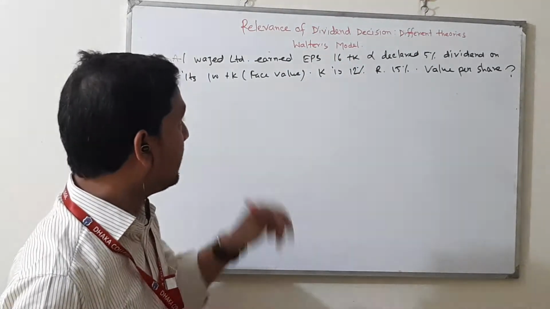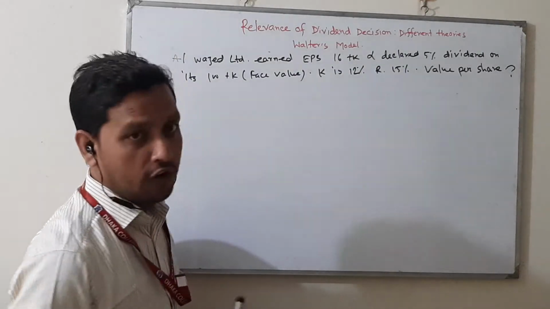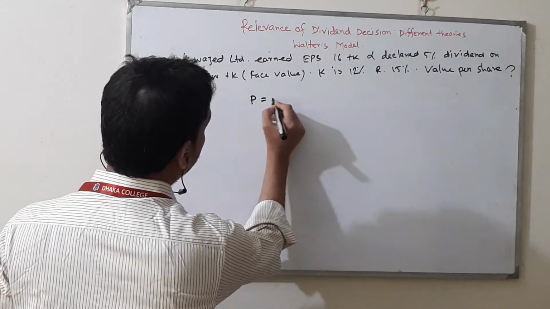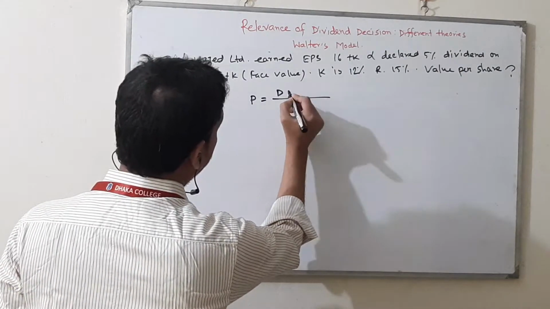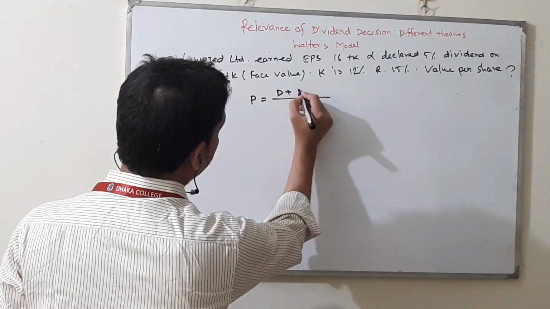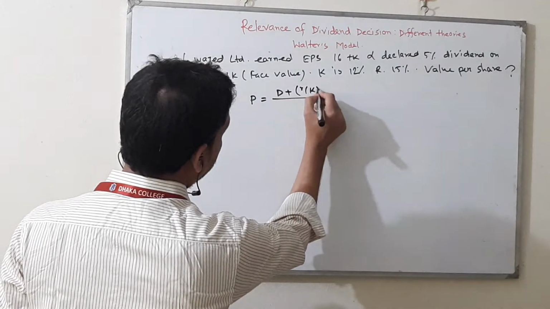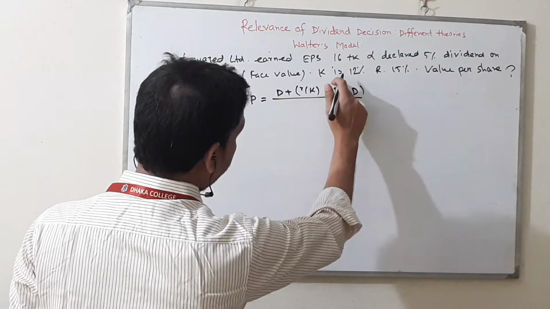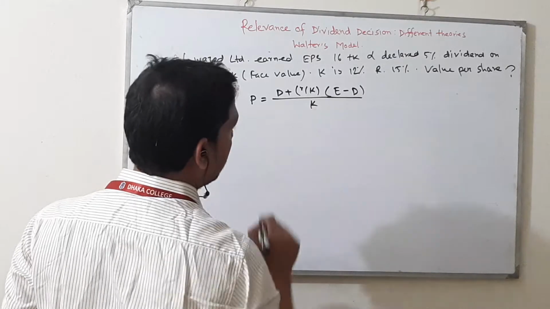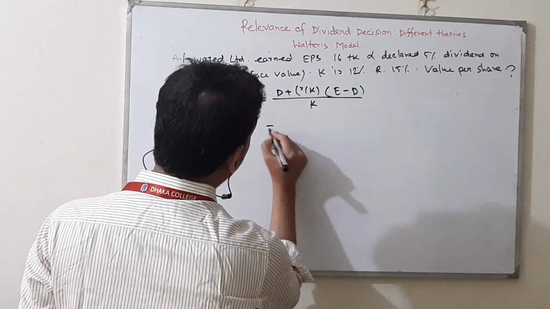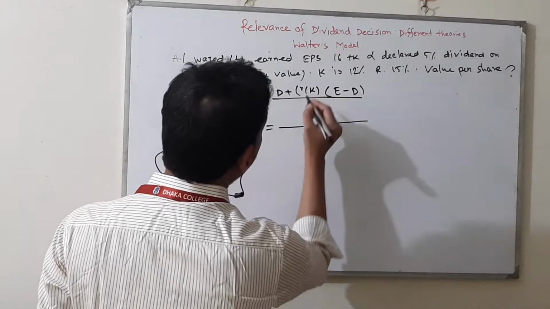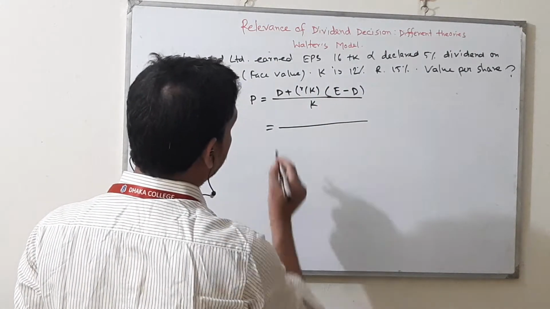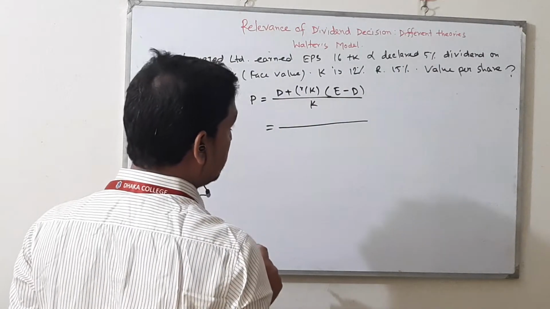So we will find the value per share. Okay, so value per share P equals DPS plus R divided by K into E minus D, I mean EPS minus DPS, divided by K. Okay, so here D is dividend, I mean DPS, dividend per share.